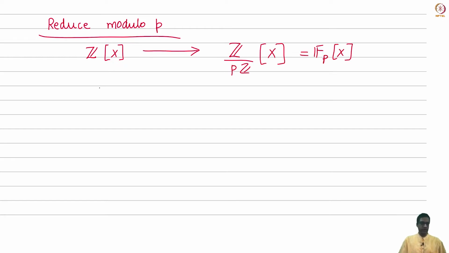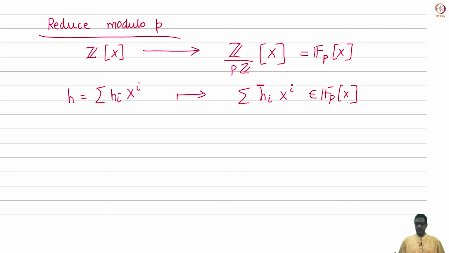So if h is a polynomial, the sum of h_i x to the power i, where h_i is an integer, I just read it modulo p, it becomes h_i bar, that's my new coefficient. So that's my map, called the reduction modulo p map, and this is a surjective ring homomorphism, as you have seen before.